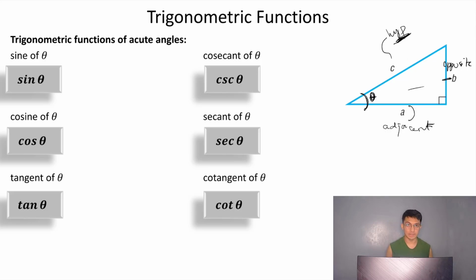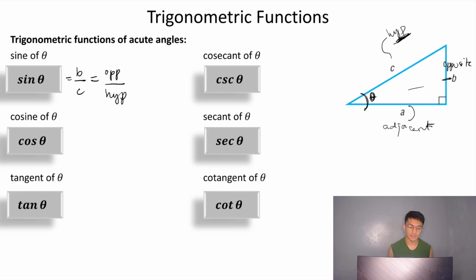Adjacent. If we rewrite those ratios, ang gagawin natin dyan, we have, for sine theta, the opposite B over C, or the opposite over hypotenuse.